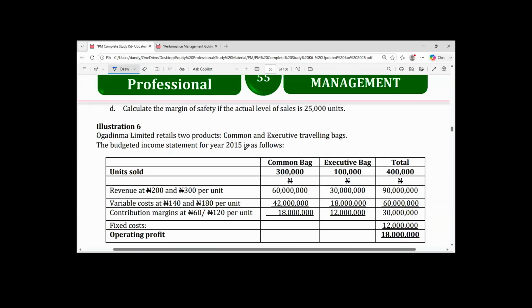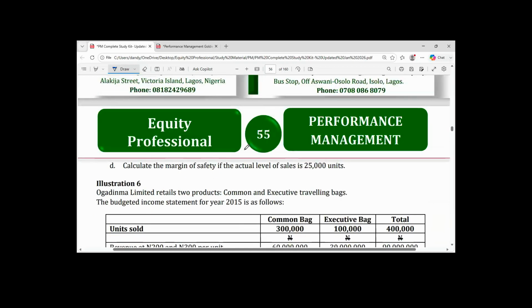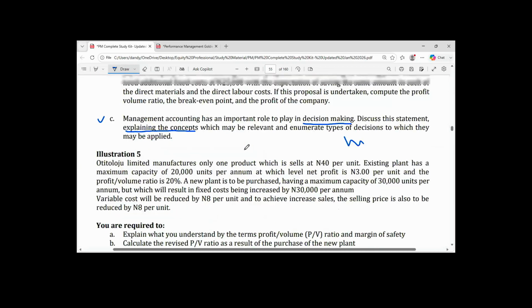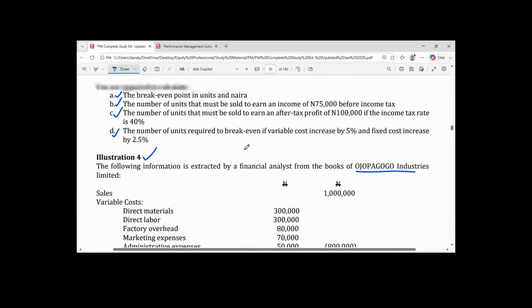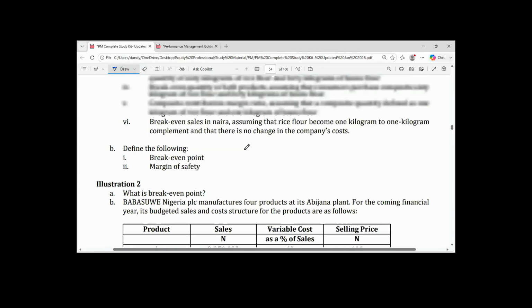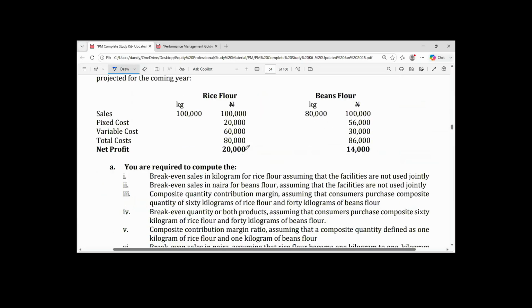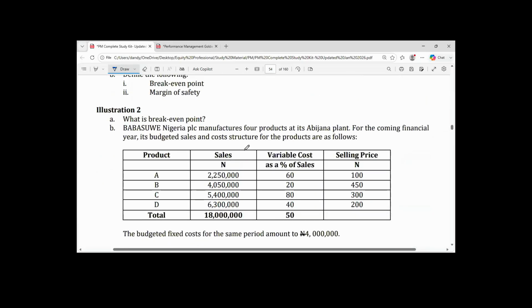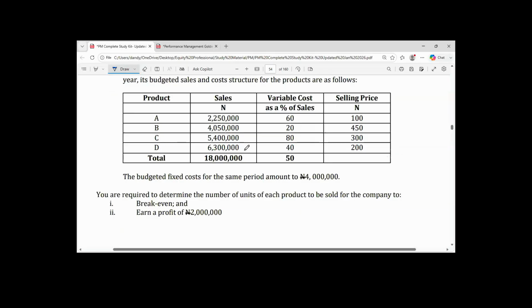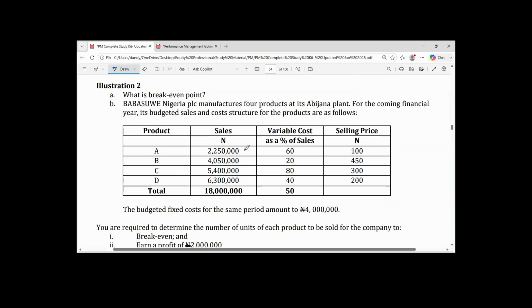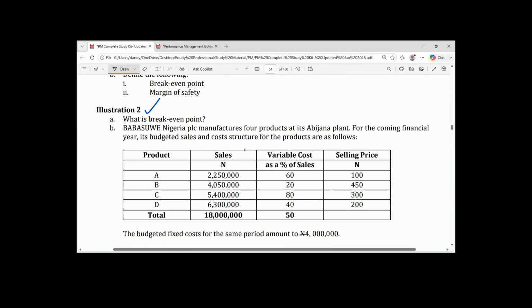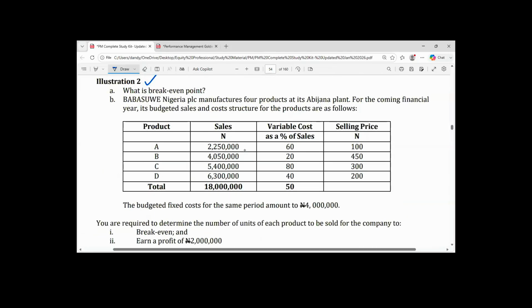Then in our next class, we are going to solve two more under multi-product. Let me see. So let's use this one as an example, as illustration number 2. We have about 30 minutes more. Let me read for you.